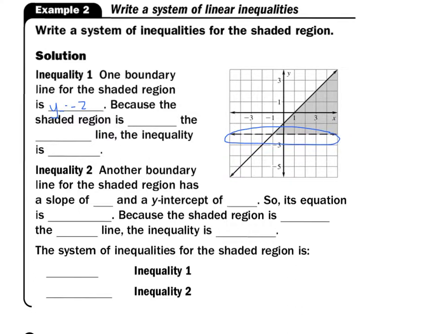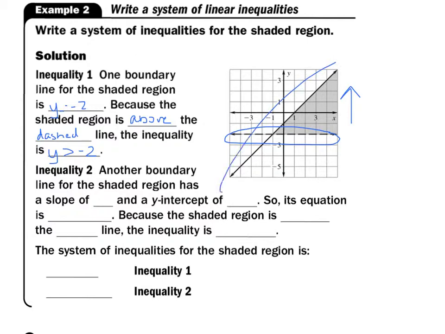That's how we will determine whether it's a less than or greater than. And it's shaded above. So we're looking at an above shaded dashed line. That's going to be y is greater than -2. And that takes care of the dashed line.